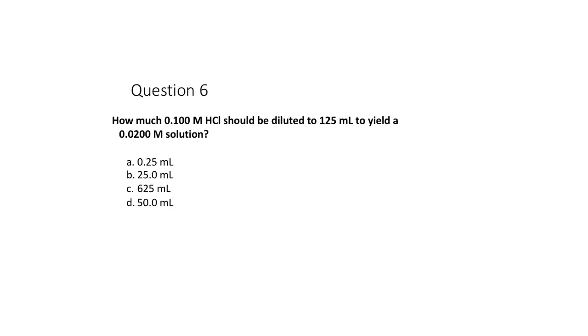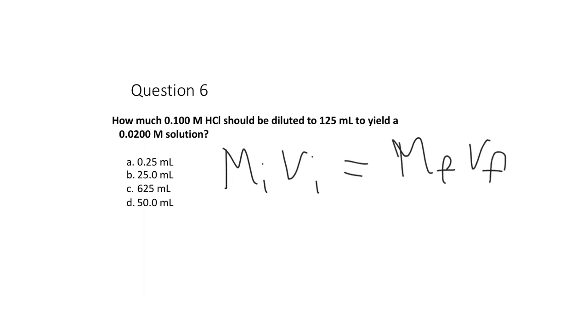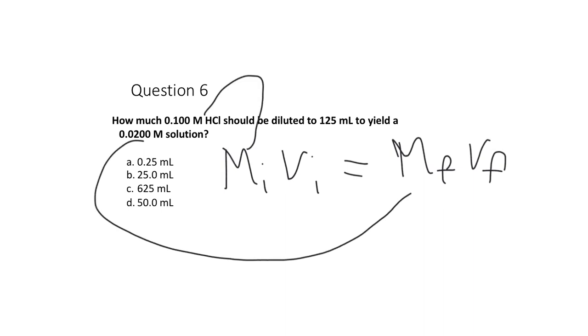as a result. How much 0.1 molar HCl should be diluted to 125 milliliters to yield a 0.02 molar solution? So if I use MiVi equals MfVf, our dilution equation, because we're diluting 0.1 molar HCl, and we're diluting it to 0.02 molar, and then we're diluting it to a total volume of 125 milliliters.